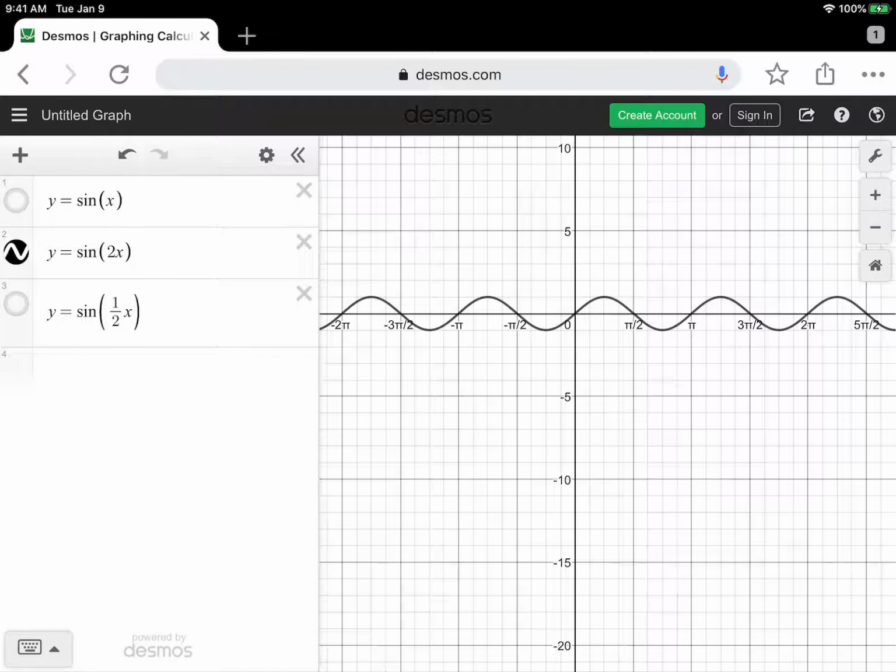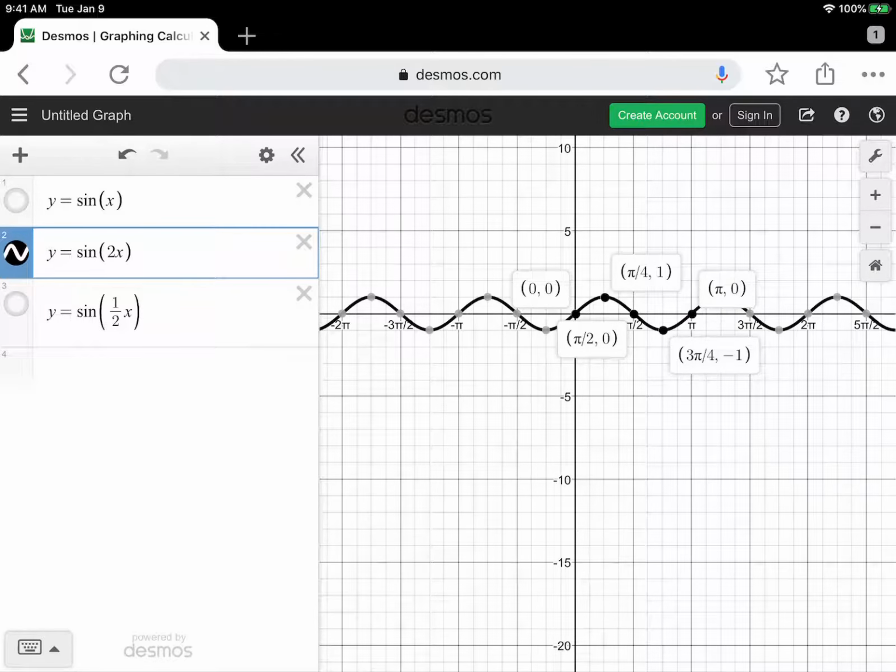It doesn't matter where you start. We're looking at sine, so I'm going to choose this point, 0, 0. Remember sine: you have a high point, midline, low point, midline again, and that takes care of one full cycle. So where we started at 0, 0, we ended at pi, 0. The length of that cycle is pi.